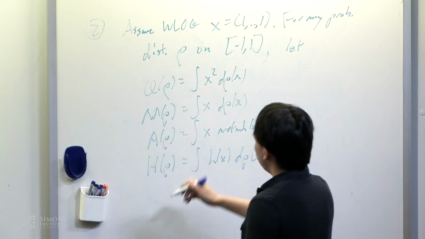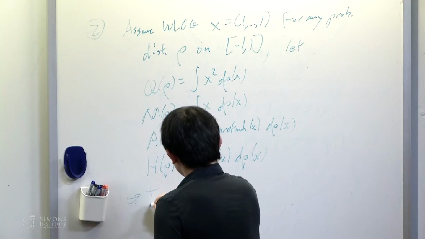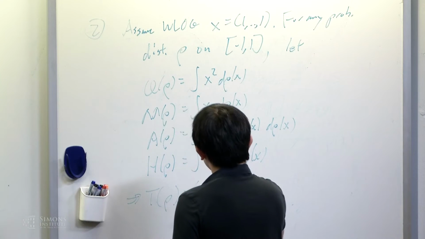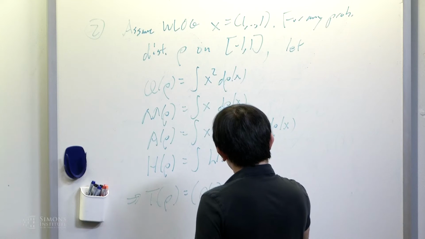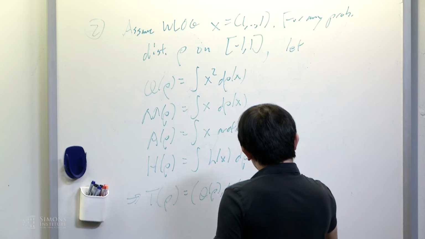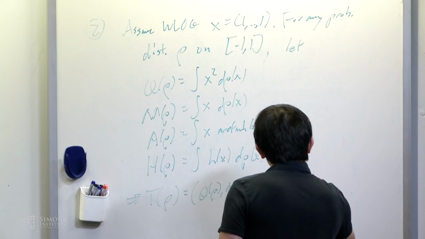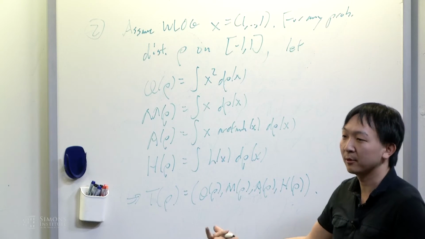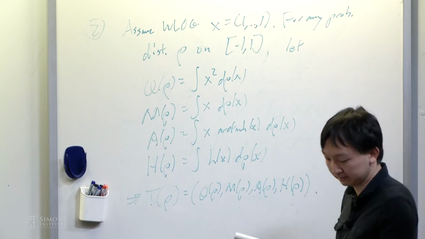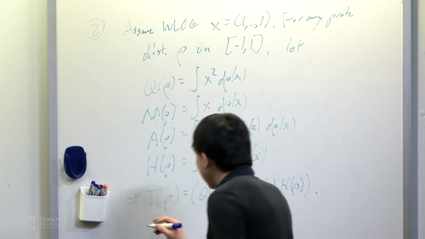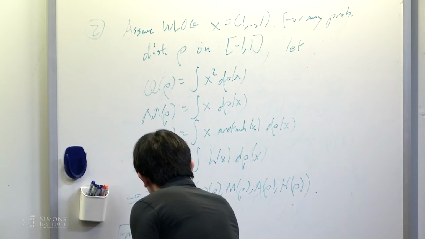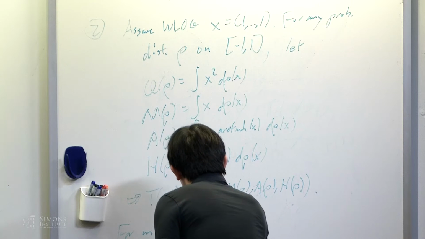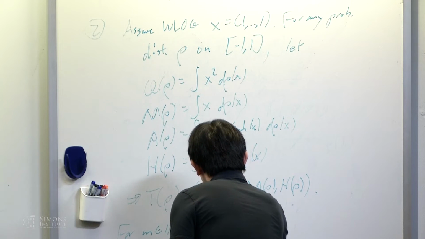I can accumulate all 4 of these into a single vector. So let me define t of rho to be q, m, a, and h. And you should interpret this as a certain projection of this measure rho onto R4. I'm summarizing the distribution by just 4 numbers. Okay. For a vector m in R^n, we're going to identify this with the empirical distribution of its coordinates.